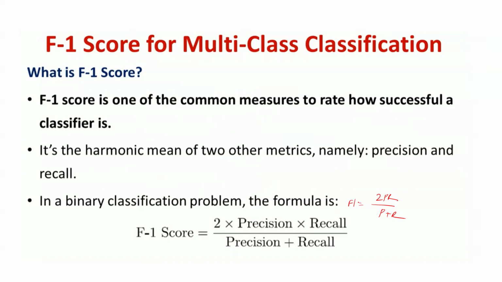Now, let us see why we require this F1 score. We have calculated different metrics like accuracy, precision and recall. Still, developers want to find the F1 score. We know that accuracy equals the number of correct predictions divided by the total number of predictions. Suppose we have a balanced data set.